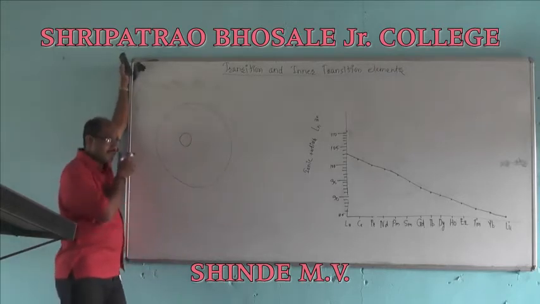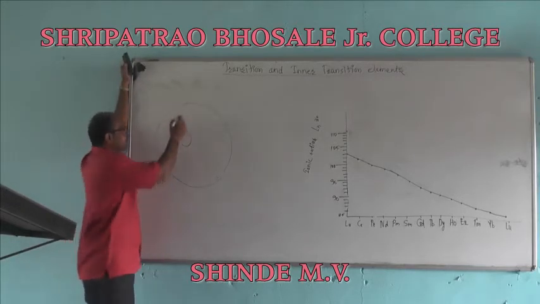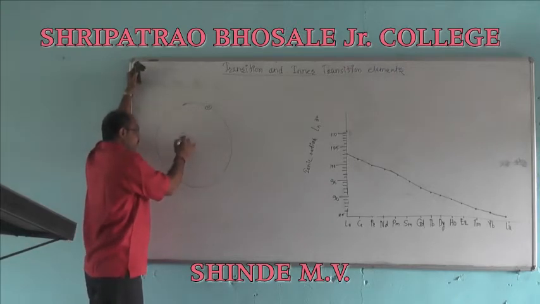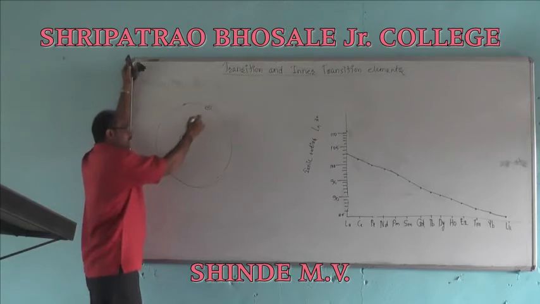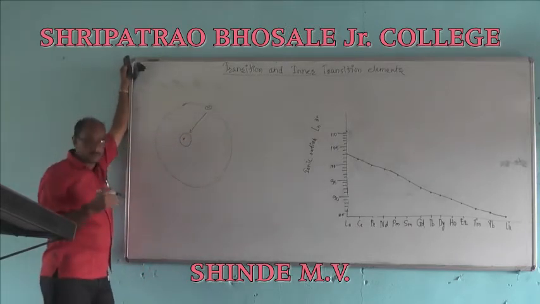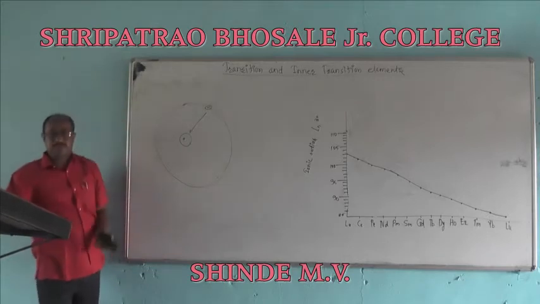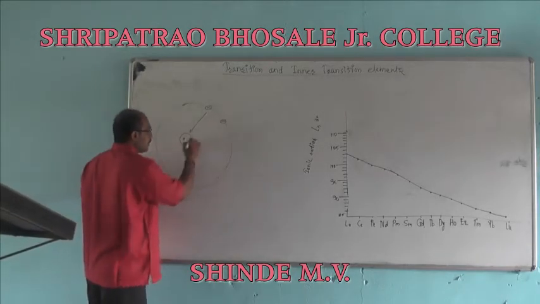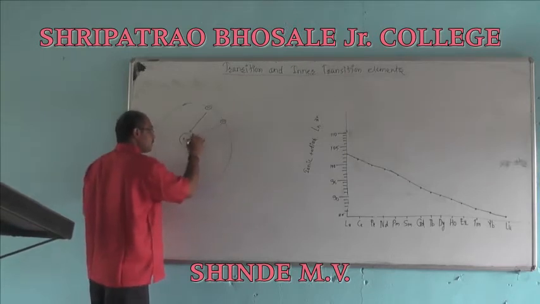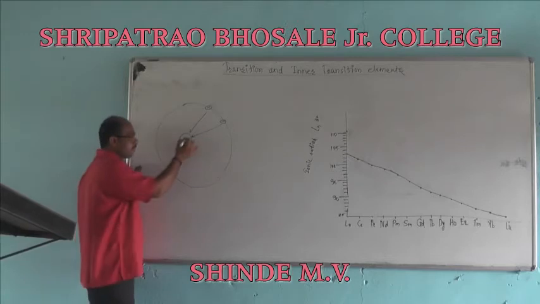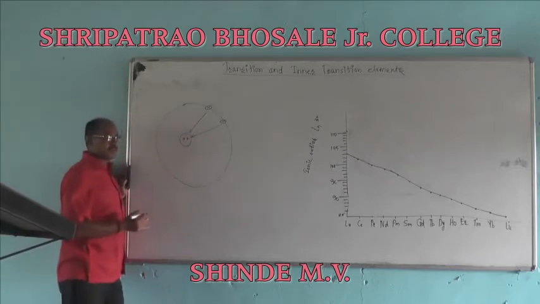Here we have one electron in the 4f subshell, which is attracted towards the nucleus. As we move from cerium to praseodymium, one electron is added in the same subshell, and the nucleus gains one positive charge.